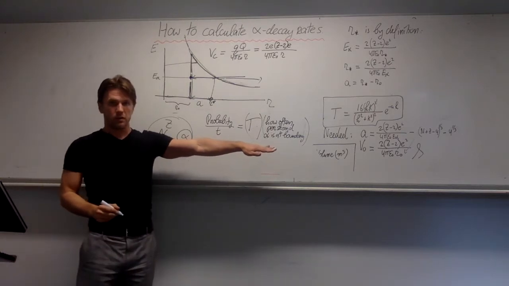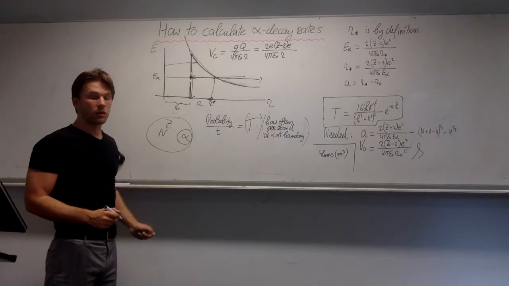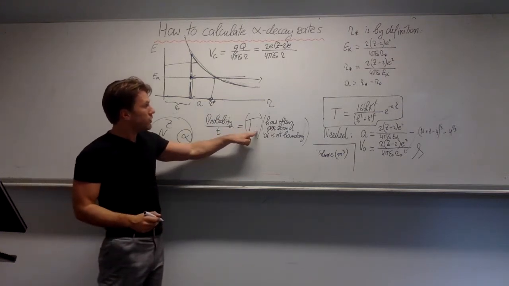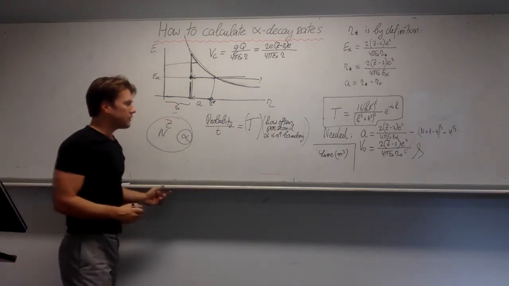This expression then tells us what the probability per unit time is that an alpha particle comes flying out. Two factors. Now this one we already calculated, it's right over there. Now this part. How often per second is an alpha at its boundary?